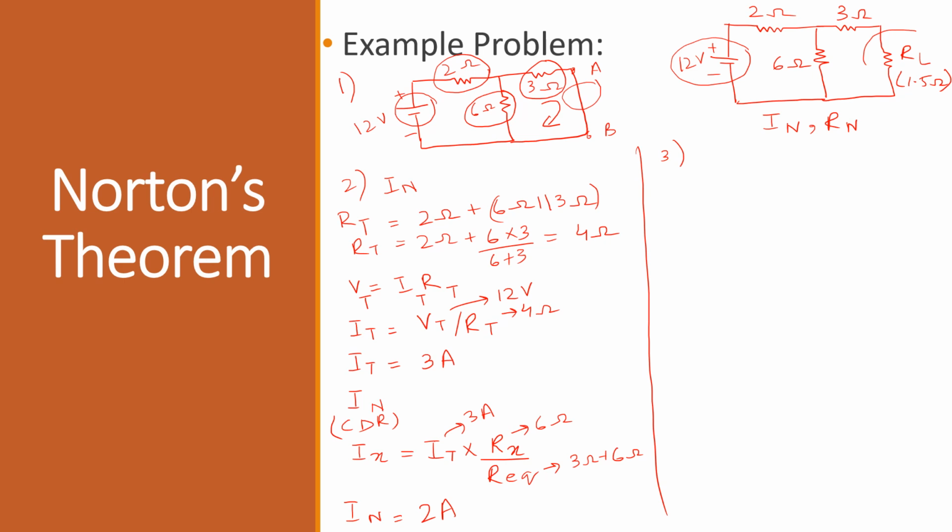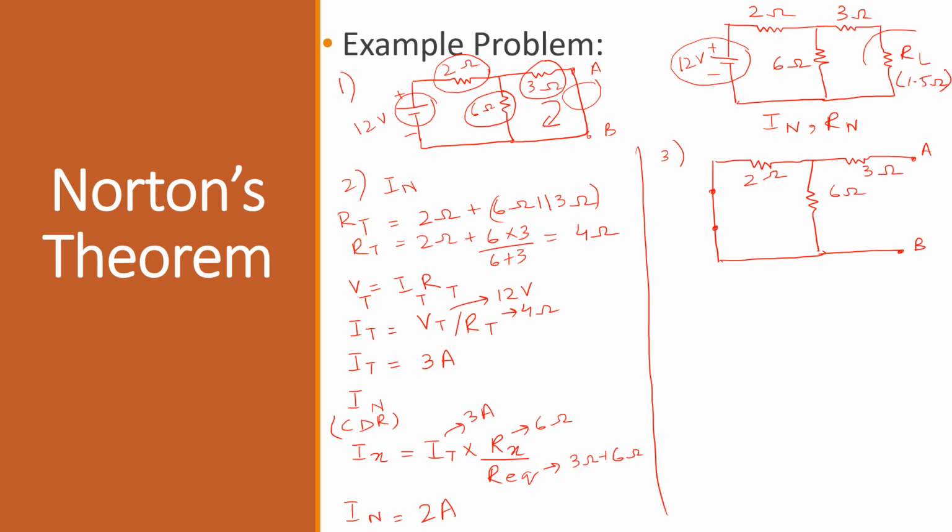So now I'm shorting this voltage source here, so the circuit will look like this. The voltage source is shorted, and here I have opened this load resistor. So this is terminal A and this is terminal B. Now this is 2 ohms, this is 6 ohms, and this is 3 ohms.